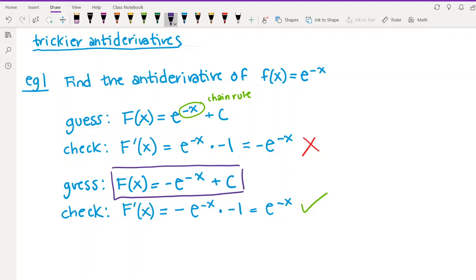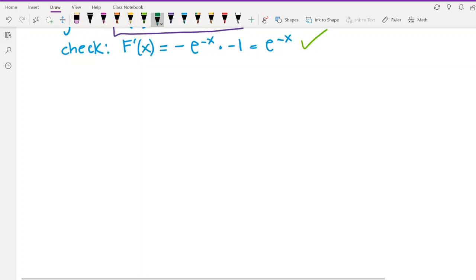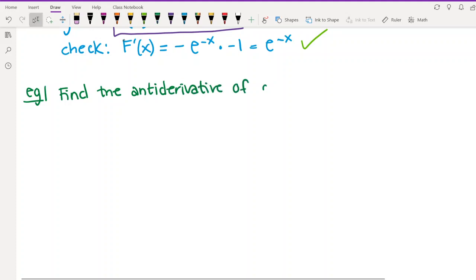So let's do another one along the same lines. This time we're going to find the antiderivative of g of x is equal to cosine of 3x.